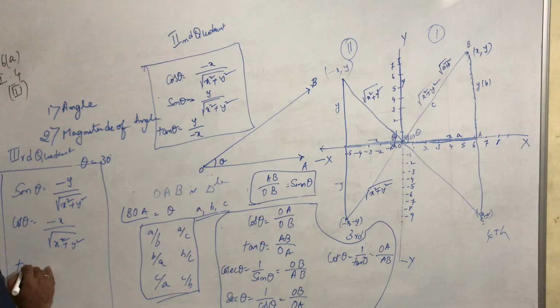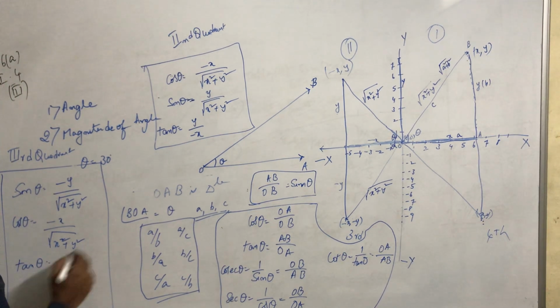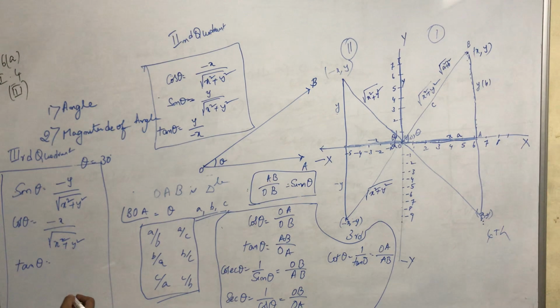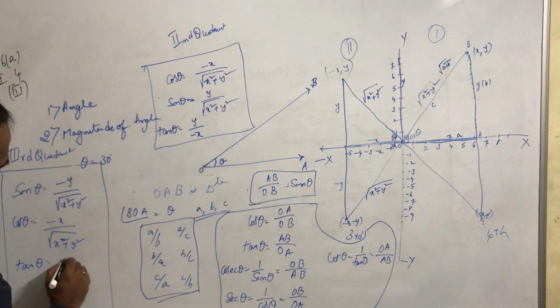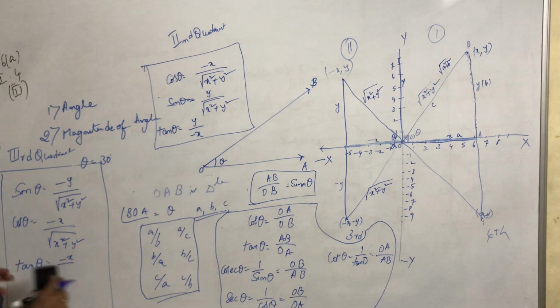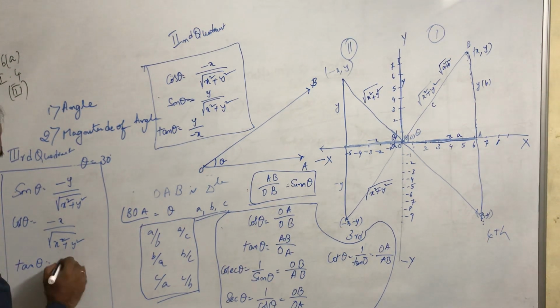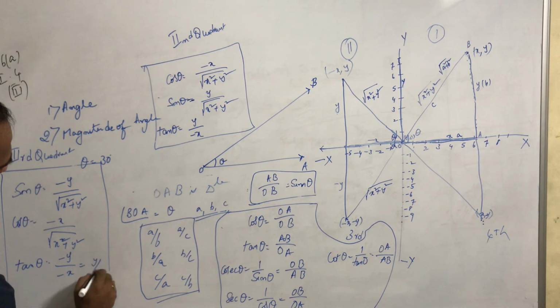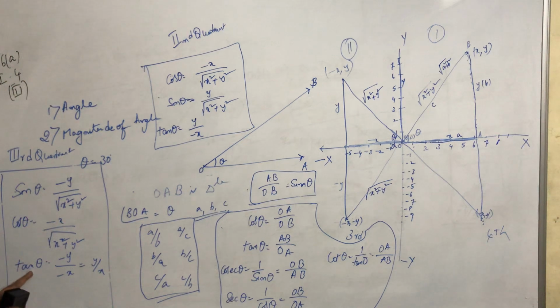And what is tan theta? Tan theta is opposite side over adjacent side, minus y divided by minus x, that is y by x. In the third quadrant, tan is positive, so 1 by tan theta, that is cot theta, is also positive, and sin and cos are negative.